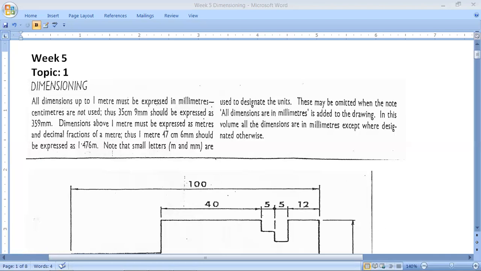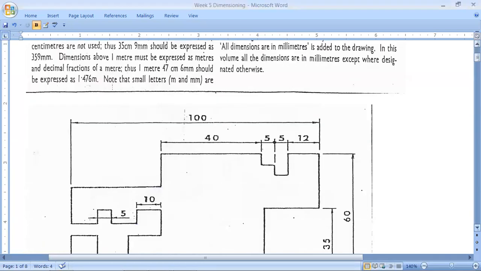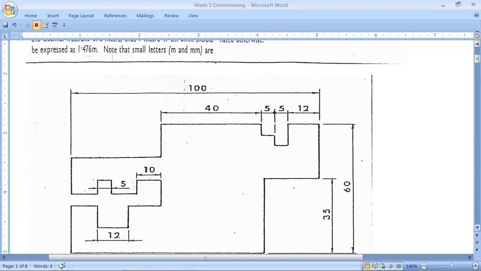Now the rules of dimensioning. I'm going to go quickly through this. This line that is here is a projection line or extension line, which normally you're going to place from one end of the drawing to the other end that you want to express the measurement of the object.